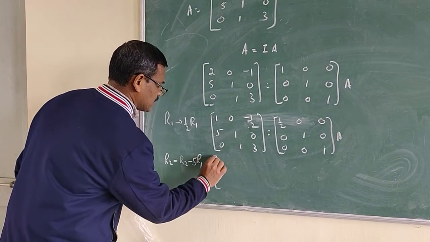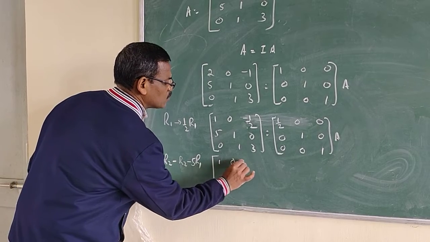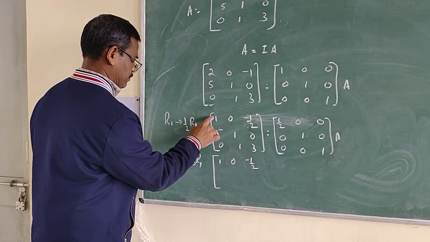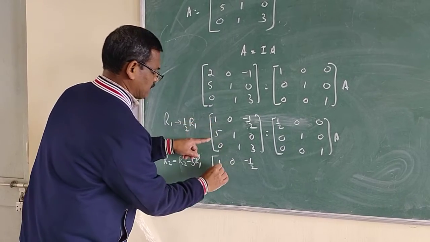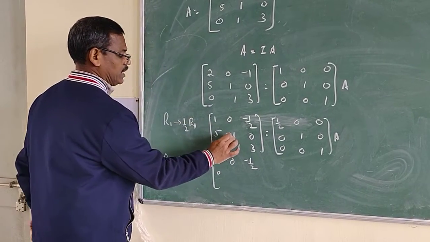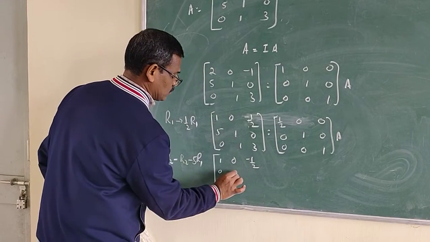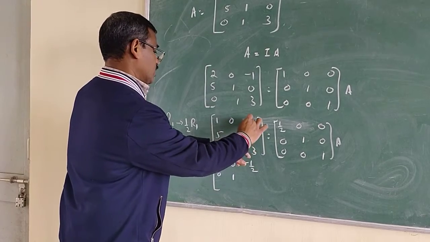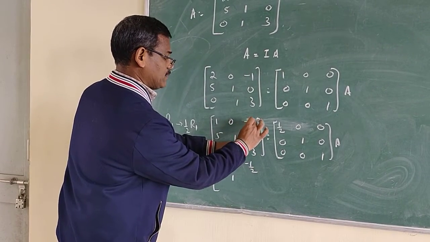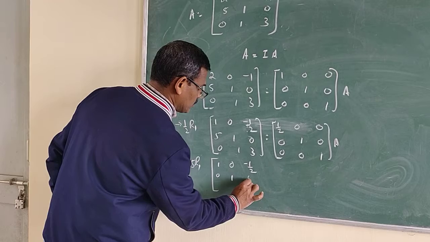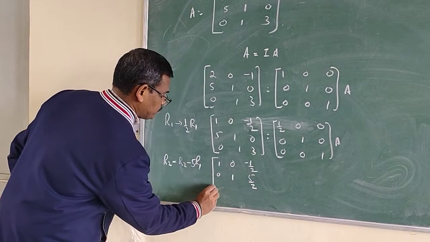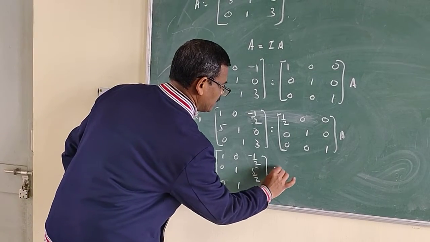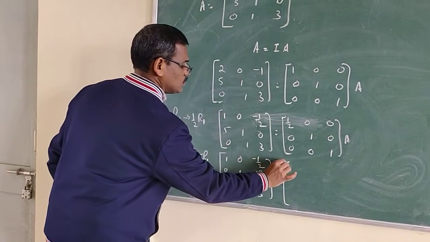So what comes? 1 0 minus 1 by 2. 5 minus 5, because multiplying here by 5 and subtracting, so this becomes 0. Then 1 minus 5 times 0 is 1. 0 minus 5 times this one, so 0 plus it comes, so it is 5 by 2. 0 1 5 by 2. The same thing is to be applied here also.